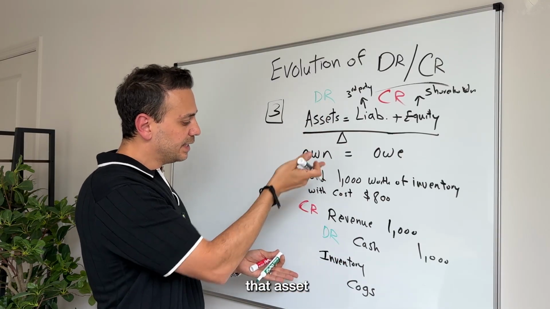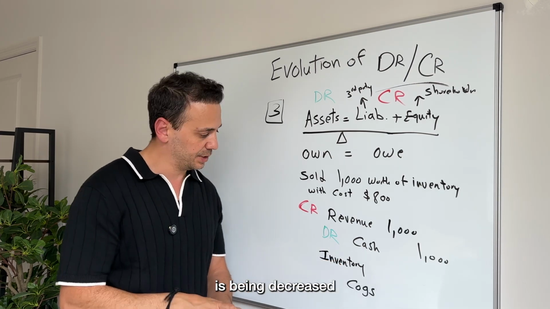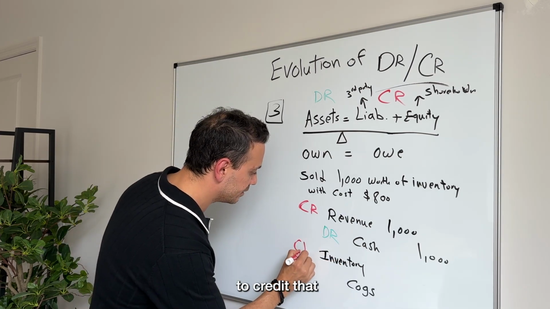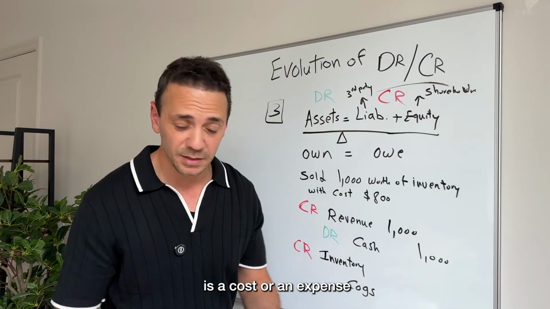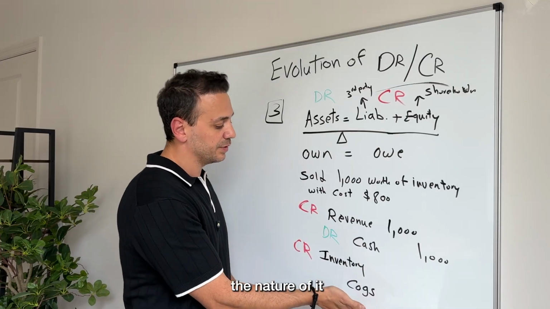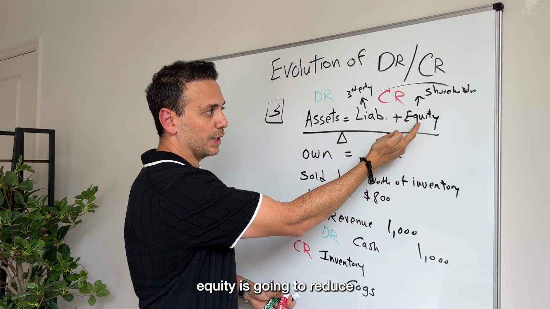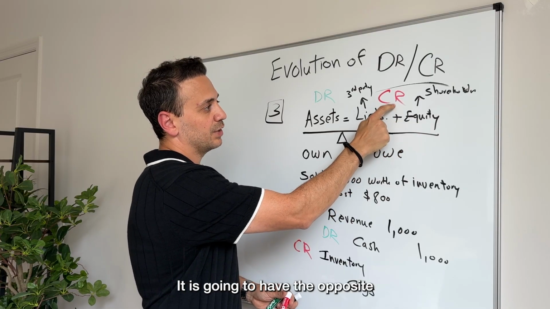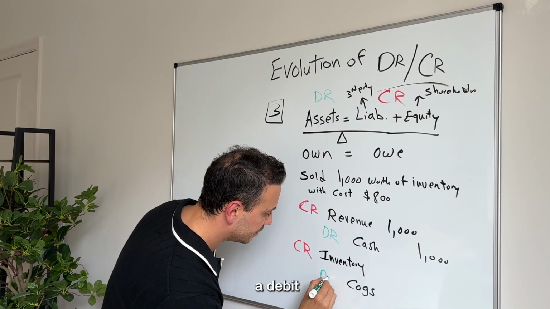Are we decreasing that asset or increasing that asset? Well, inventory here is being decreased, right? So you're going to have to credit that, right? Cost of goods sold is a cost or an expense. So an expense, the nature of it, look at equity. What is a cost or an expense going to do to equity? It's going to reduce it. It's going to have the opposite nature then. So this one is going to be a debit, right?